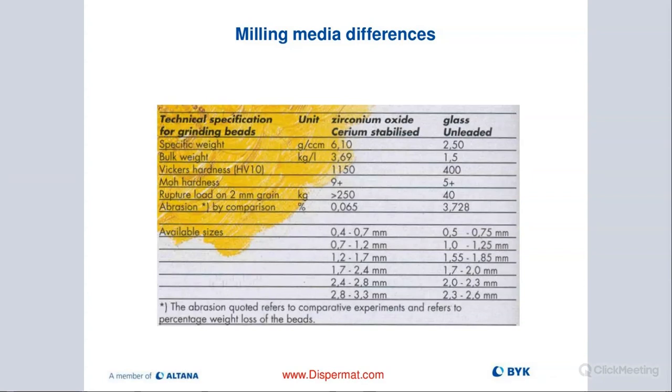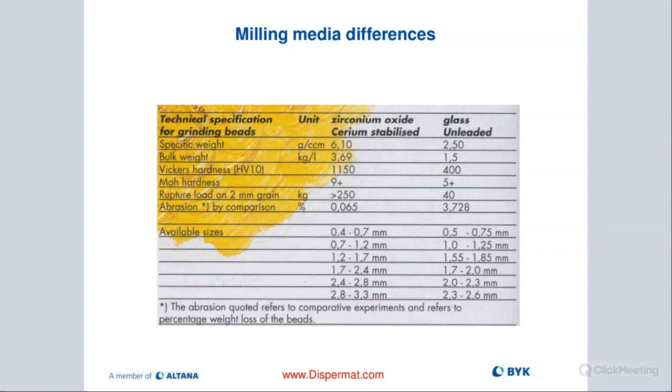So you'll have to do constant filtering and screening, and it's a very tedious and also expensive process because it takes a lot of time. And also your milling efficiency goes way down because the beads are not as heavy, so you need more time. Your kinetic energy is reduced, and then obviously they're not as hard.